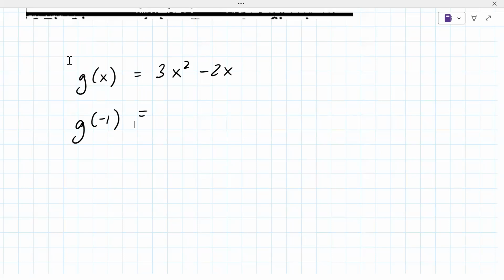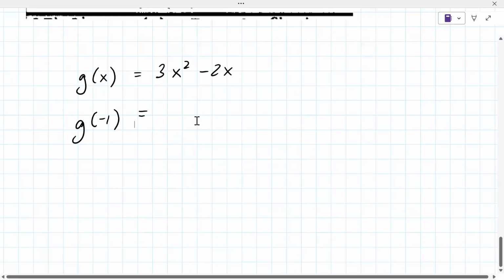Let me know if you need a little hint here. Would it be 9 plus 2? It is plus 2, but you got the order of operations slightly off here.